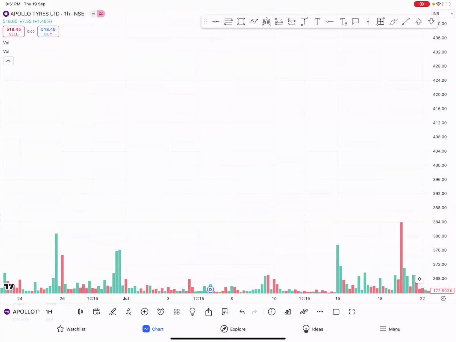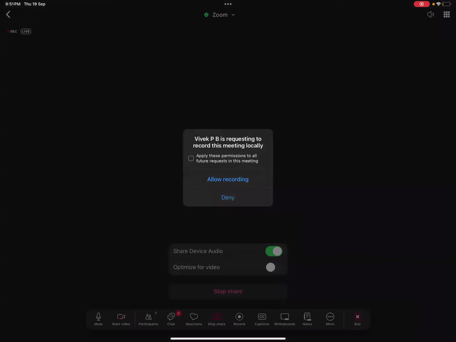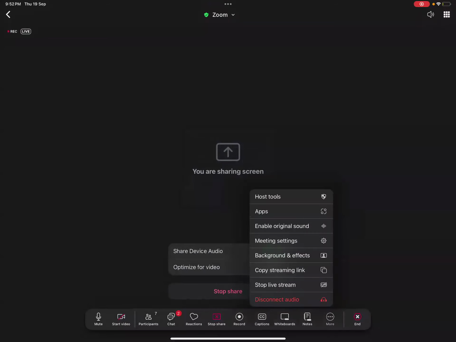Everybody please log into TradingView. Do you guys have TradingView? Yes. Okay. So you can just open it and we'll show you.